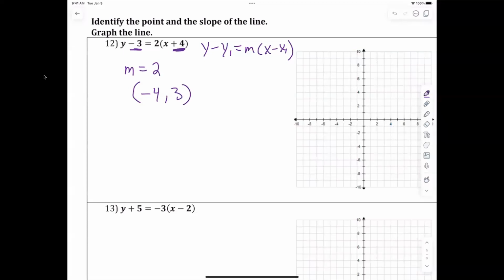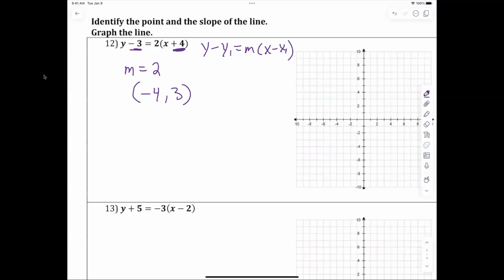That's it. Come on, we can do this. Keep paying attention. It's really simple. Now, everybody plot the point -4, 3. And then use the slope, which is what? Up 2 over 1.